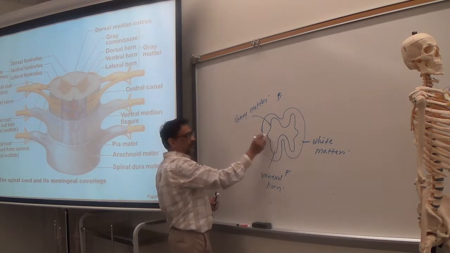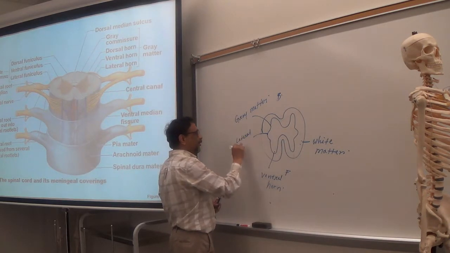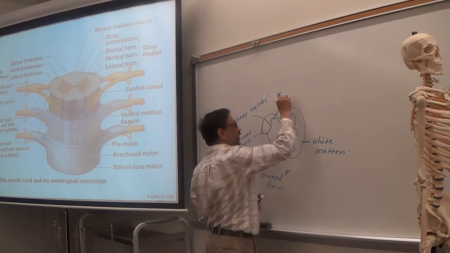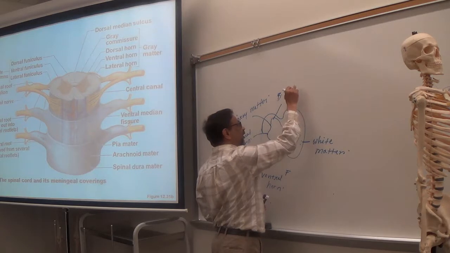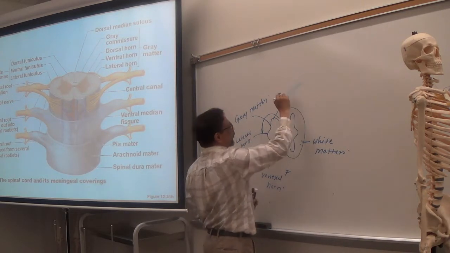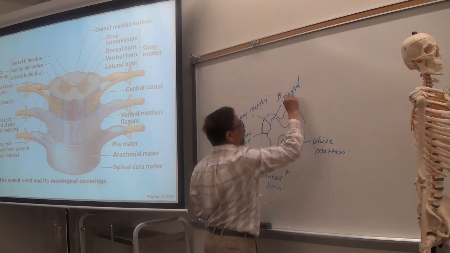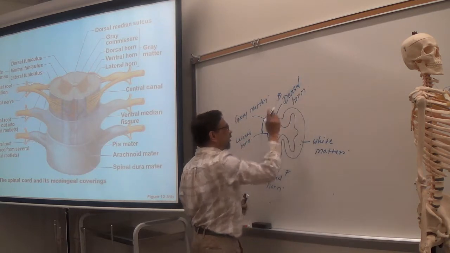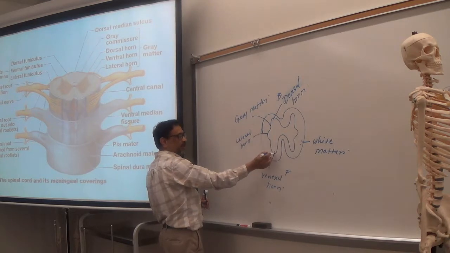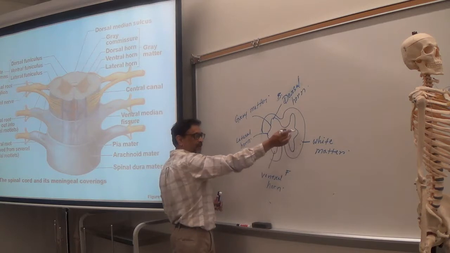This is lateral, so this is called the lateral horn, and this is back, posterior, let's say dorsal. Posterior is also correct, but we say dorsal horn. So three horns in each half of the gray matter: ventral horn, lateral horn, dorsal horn. Same thing here. Ventral, lateral, dorsal.